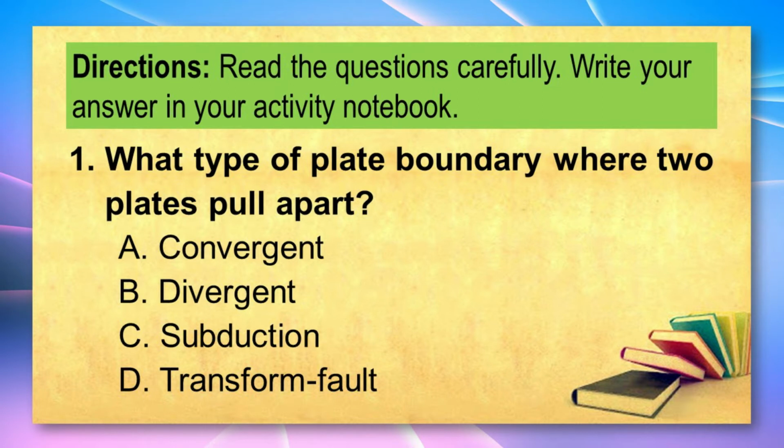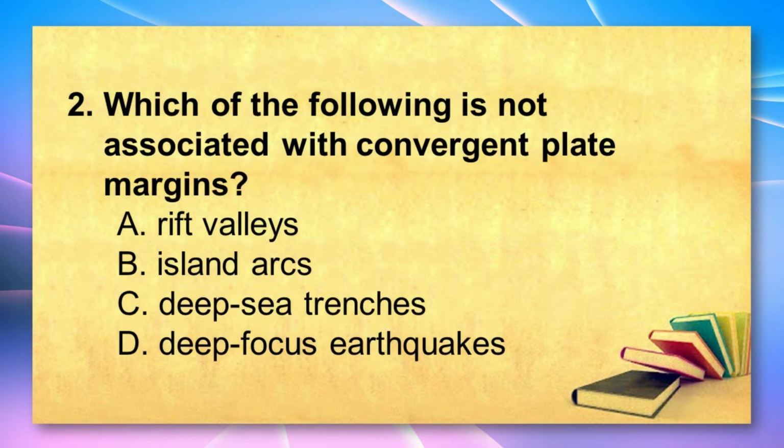1. What type of plate boundary is where two plates pull apart? A. Convergent. B. Divergent. C. Subduction. D. Transform fault. 2. Which of the following is not associated with convergent plate margins? A. Rift valleys. B. Island arcs.